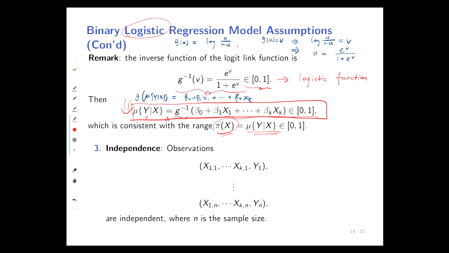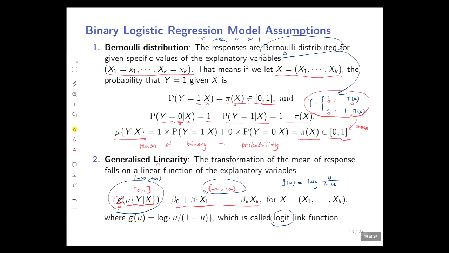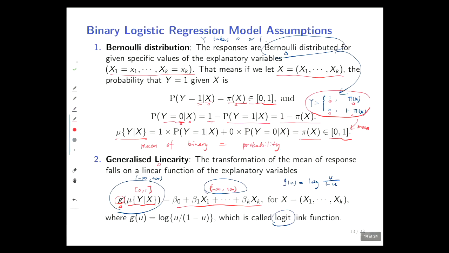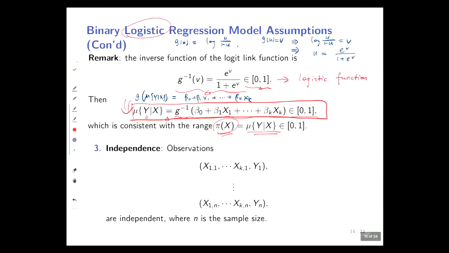And the last one is the independence assumption, and I think that's basically the same as in multiple linear regression. So in conclusion, the most important thing is this generalized linearity. Later we are also going to use another form of the generalized linearity in order to obtain the probability here. So remember this formula, and later we are going to use it again. Any questions?